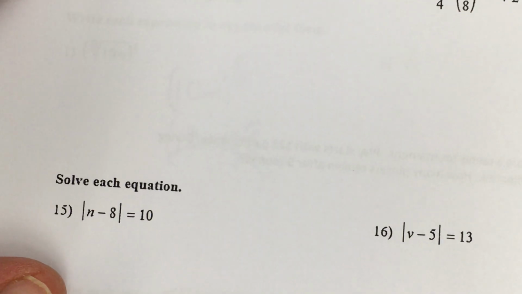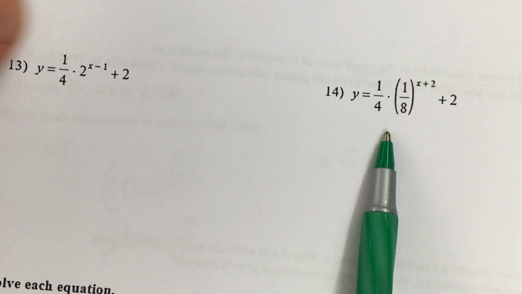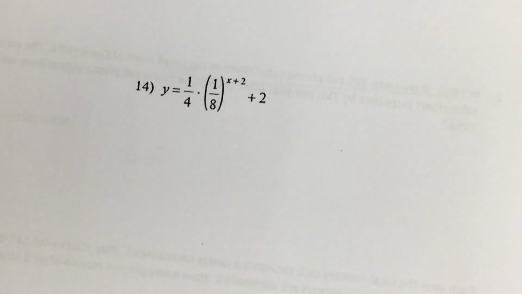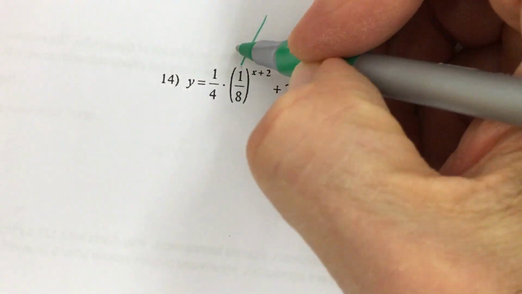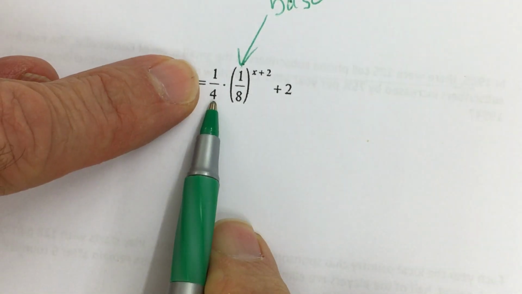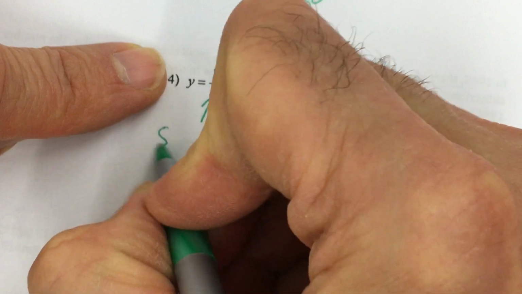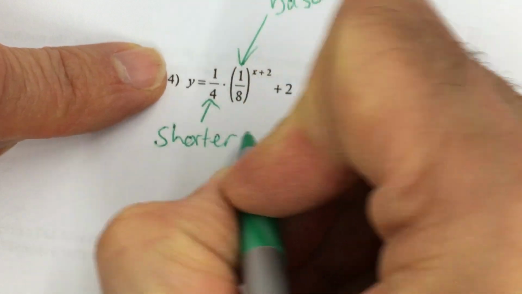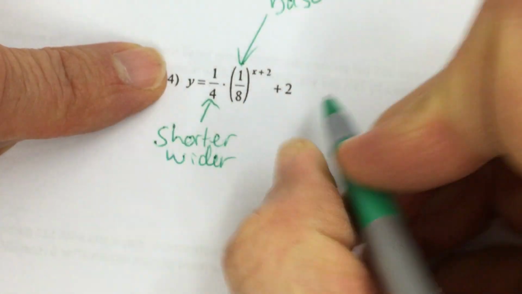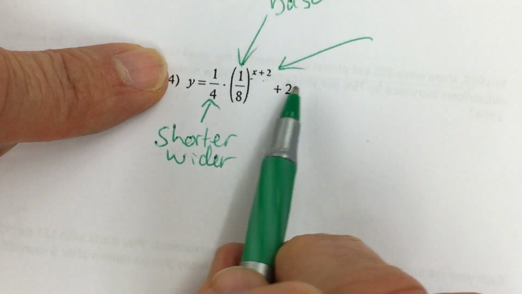Okay. I'll do this one, 14. Can you see it? Yes. Here's my base. What am I doing to the base? 1/4 means make it shorter or wider. This is telling me x plus 2. My x is saying go right.